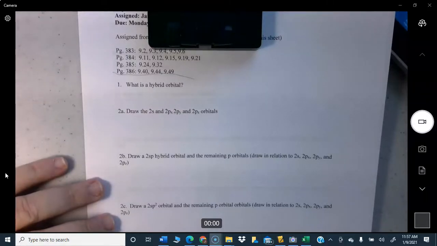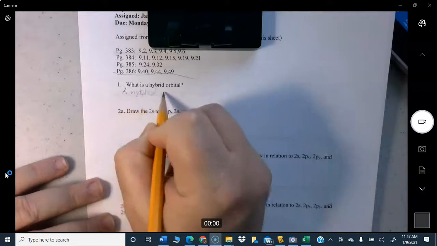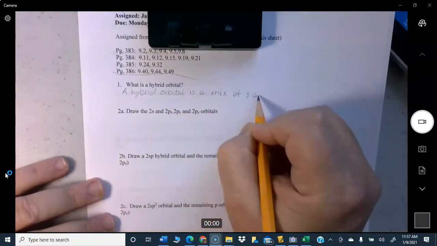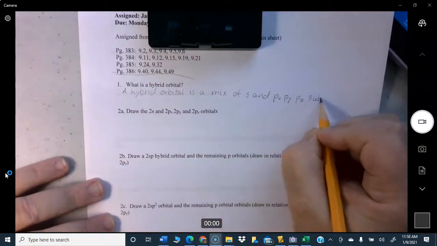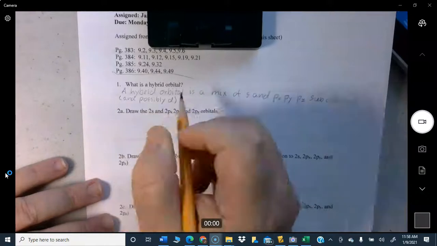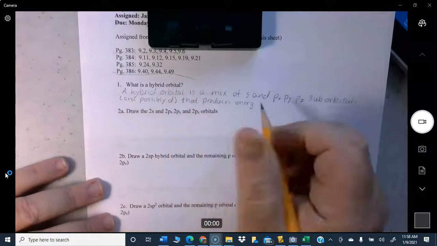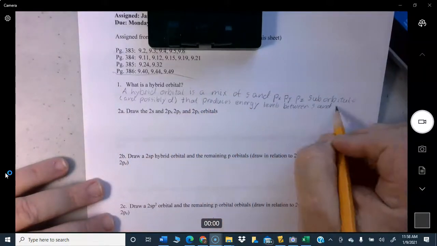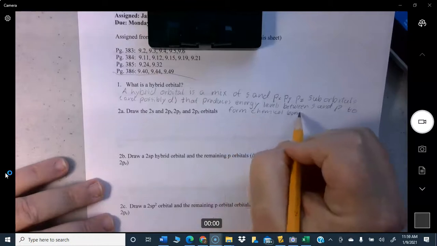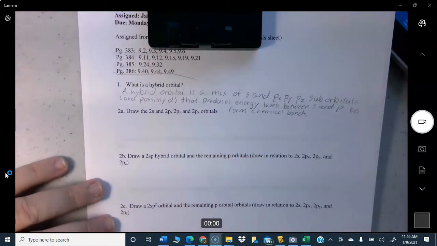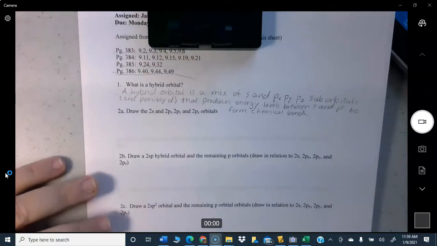So what is a hybrid orbital? All right, so a hybrid orbital is a mix of s and p (px, py, pz) suborbitals, possibly d orbitals, that produces energy levels between s and p to form chemical bonds.